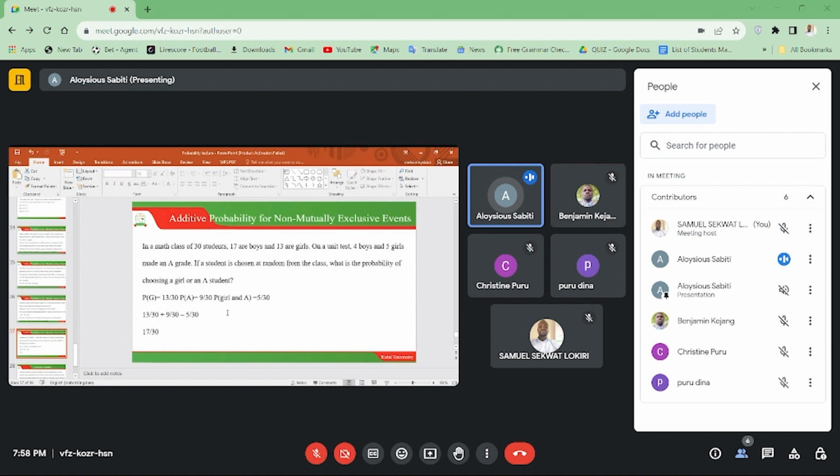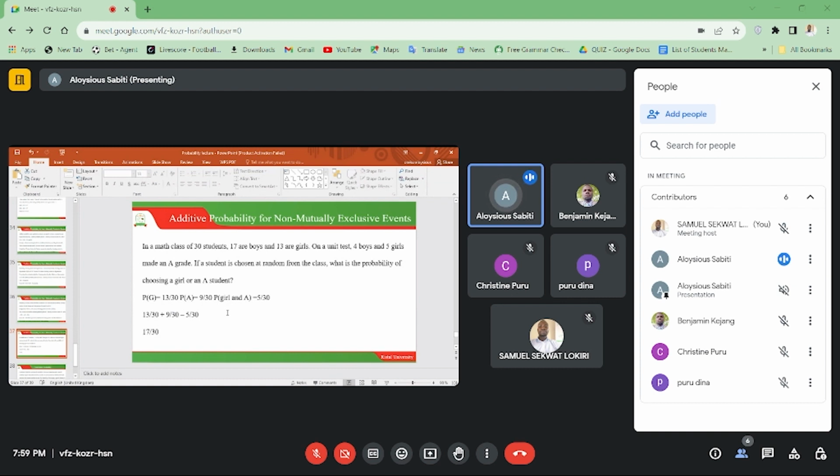On a unit test, these students sat a test, and 4 boys and 5 girls made an A, meaning they got an A in the test. So if a student is chosen at random from the class, what is the probability of choosing a girl or an A student?